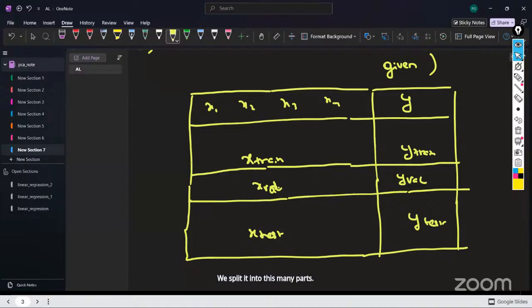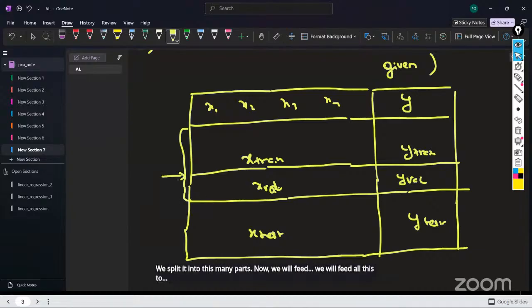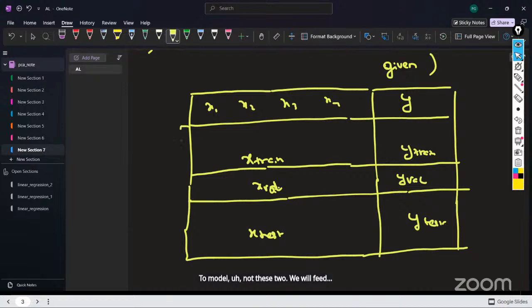Now we will feed only the train data to our ML model, and then to check whether the model has learned properly or not, we will go with this X validation.